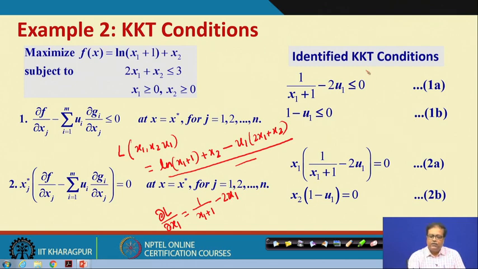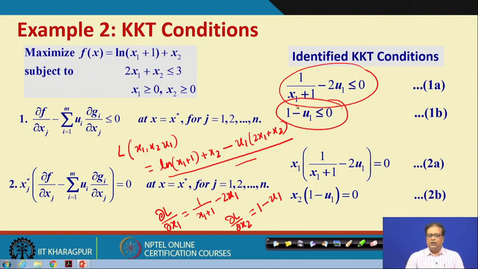So, that is the first condition. What is del L del x2? Del L del x2 will give, this term will give nothing, this term will give 1 and this term will give minus u1, right. So, that is the second condition. So, these first two conditions are identified.